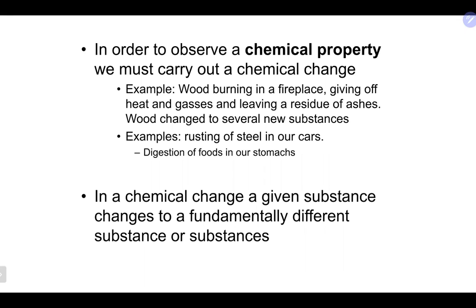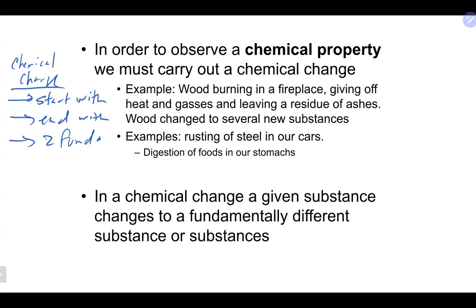A lot of chemical changes are what are referred to as chemical reactions, but in a chemical change, the important thing here is that what we start with and what we end with are two fundamentally different things.